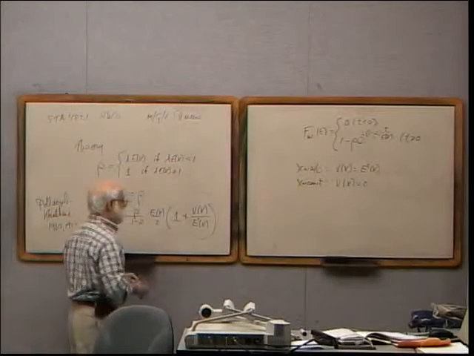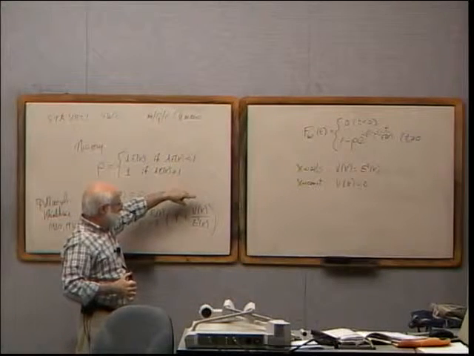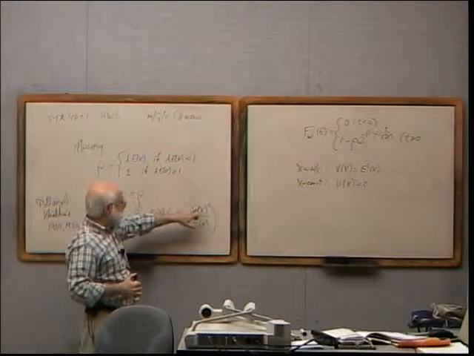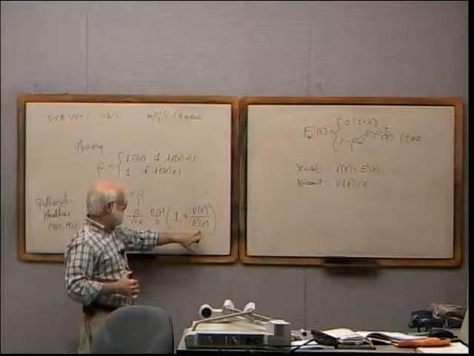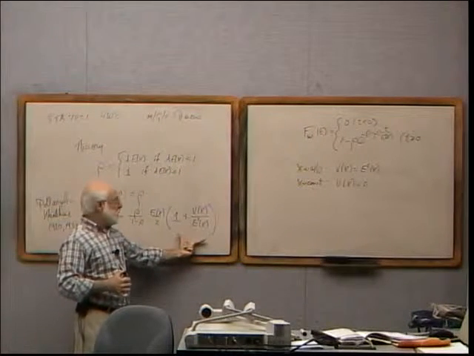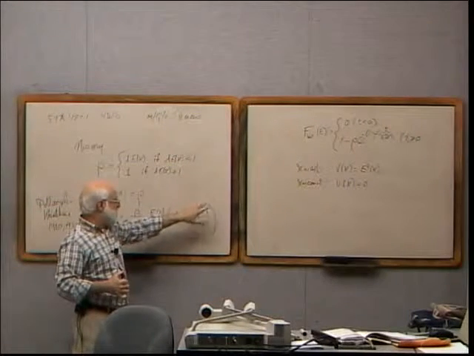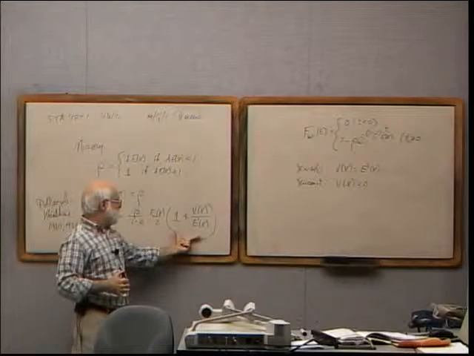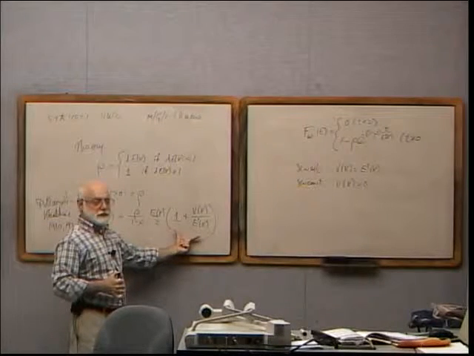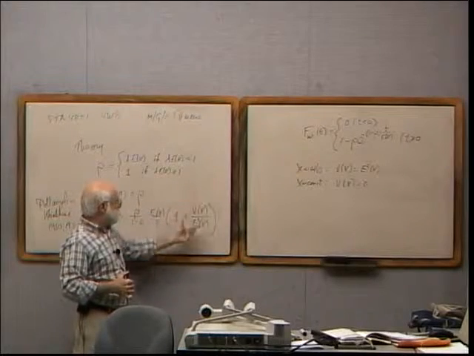Now, if the service times are exponential, then the variance and the mean square are equal, and this multiplying factor is 2. If the service times are constant, then the variance is 0, this ratio is 0, and the multiplying factor is 1. So when you plug into this formula, you see the 2-to-1 ratio.